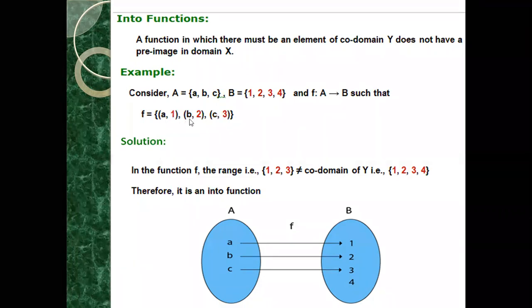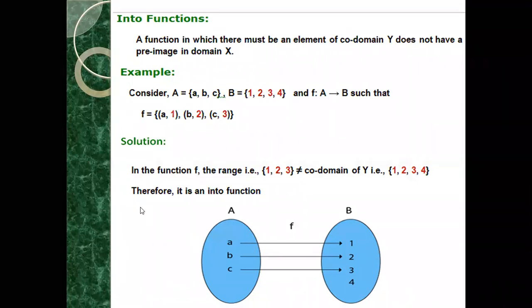In this example, the element of the codomain that is 4 does not have a pre-image in A. So this type of function is called an into function.